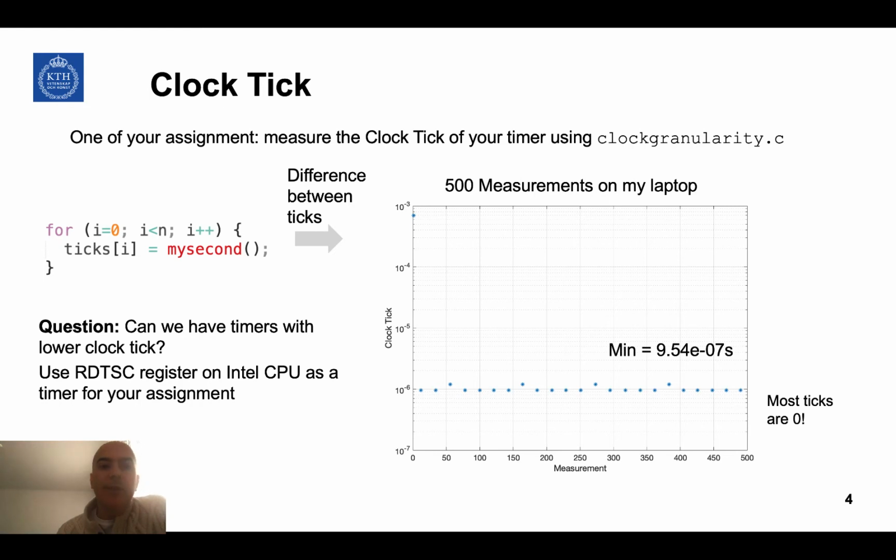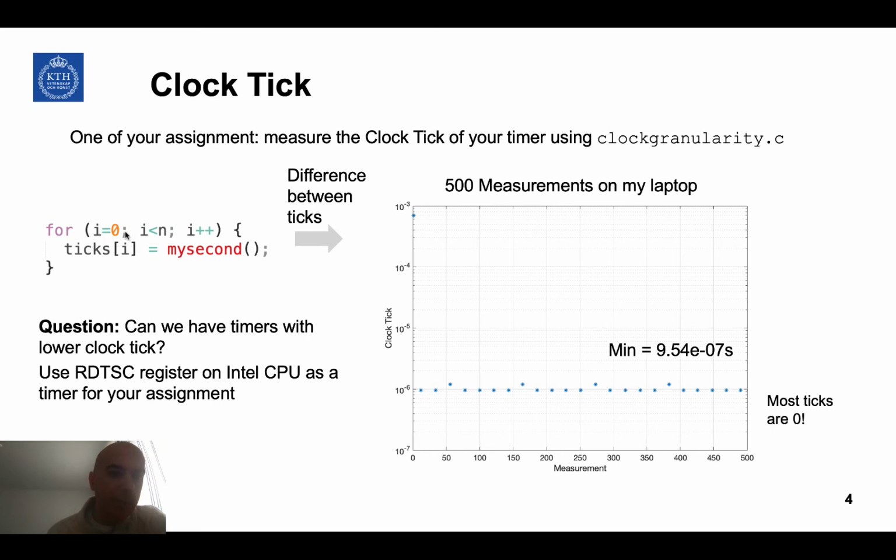As one of the assignments, we will actually calculate the clock tick of the timer on your system. For doing that, we're going to use the code that we provide in Canvas. What this clock granularity.c does is basically a very simple thing, shown in the image on the left.